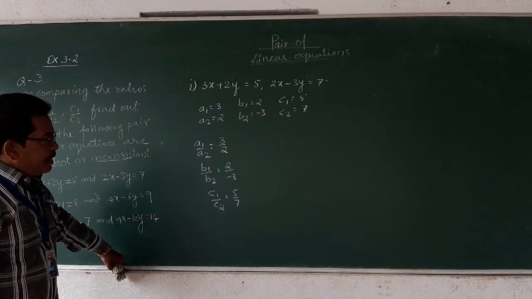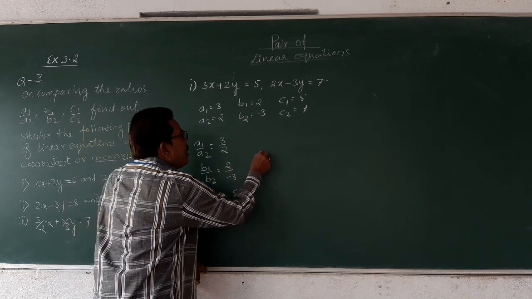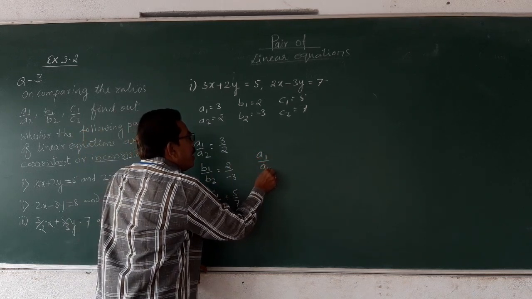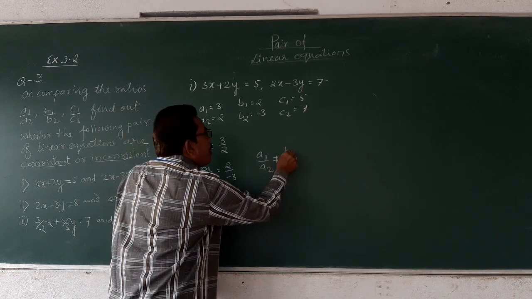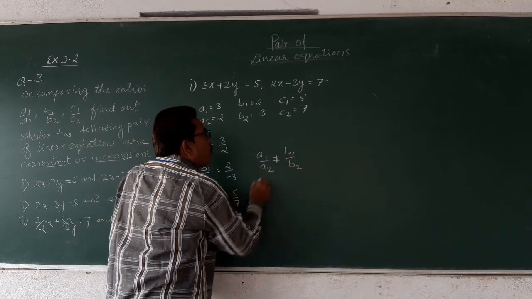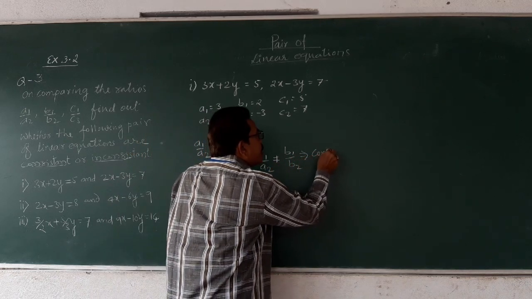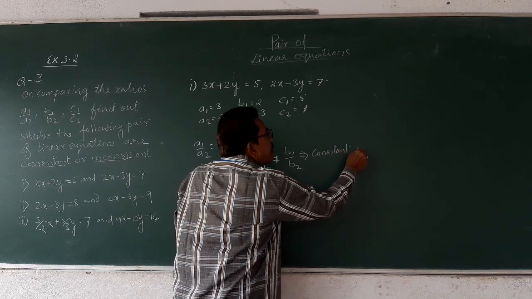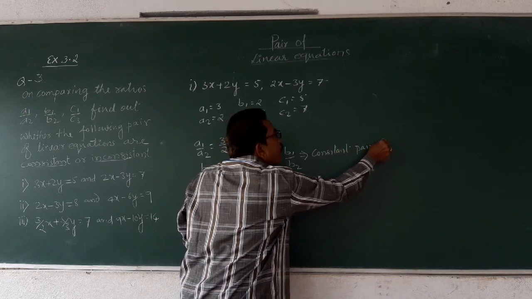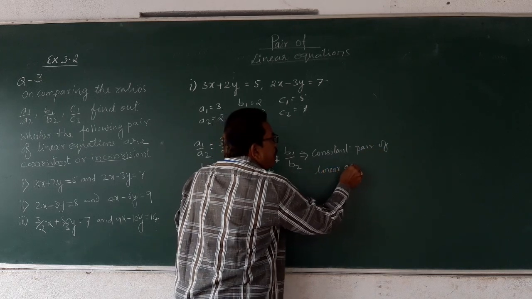On comparison of the values of these ratios, a1 by a2 is not equal to b1 by b2, which implies a consistent pair of linear equations.